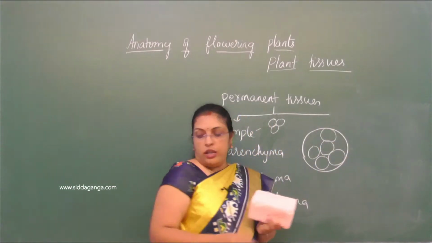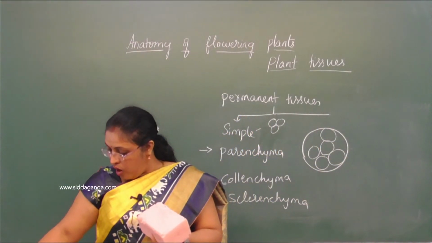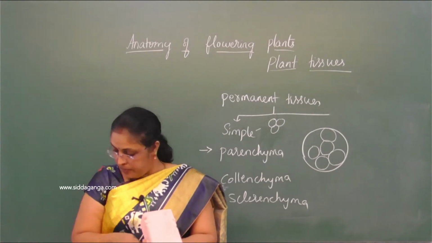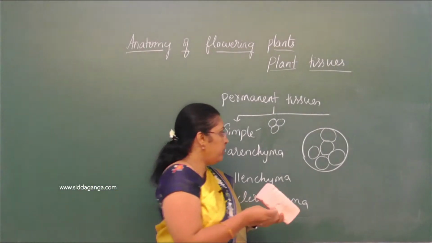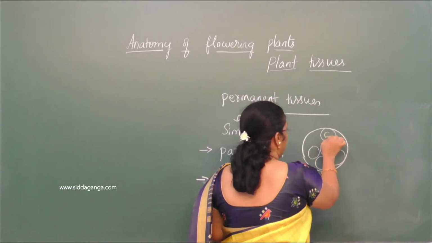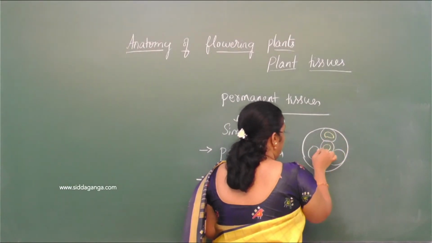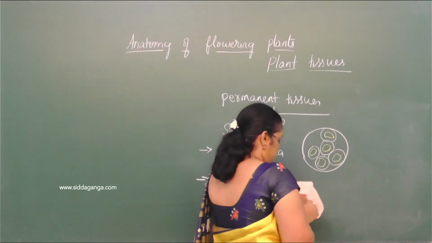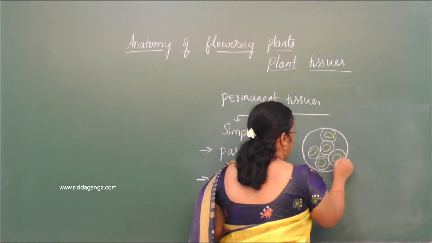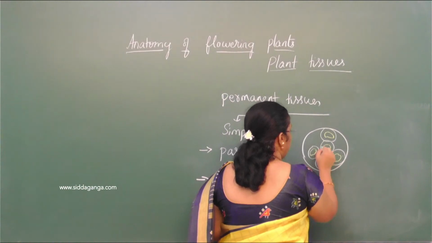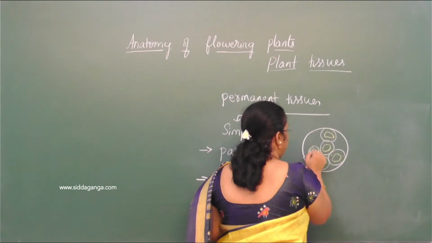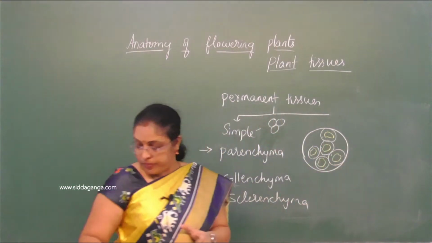And they have large vacuoles with a dense cytoplasm, and intercellular spaces are present between the cells.